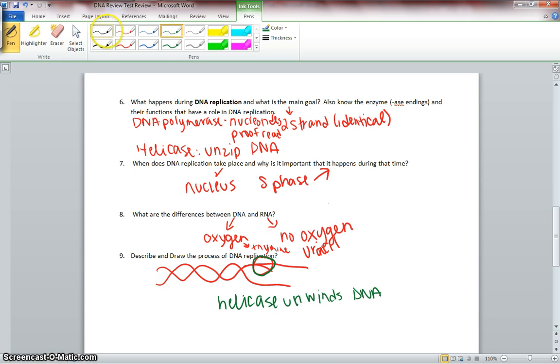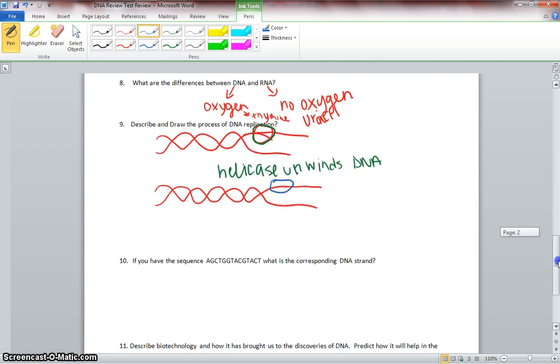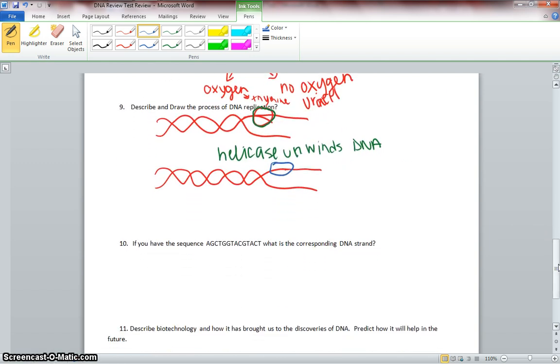Then our next picture, we're going to have our DNA polymerase. That's going to be blue. DNA polymerase is going to bring in free-floating nucleotides.